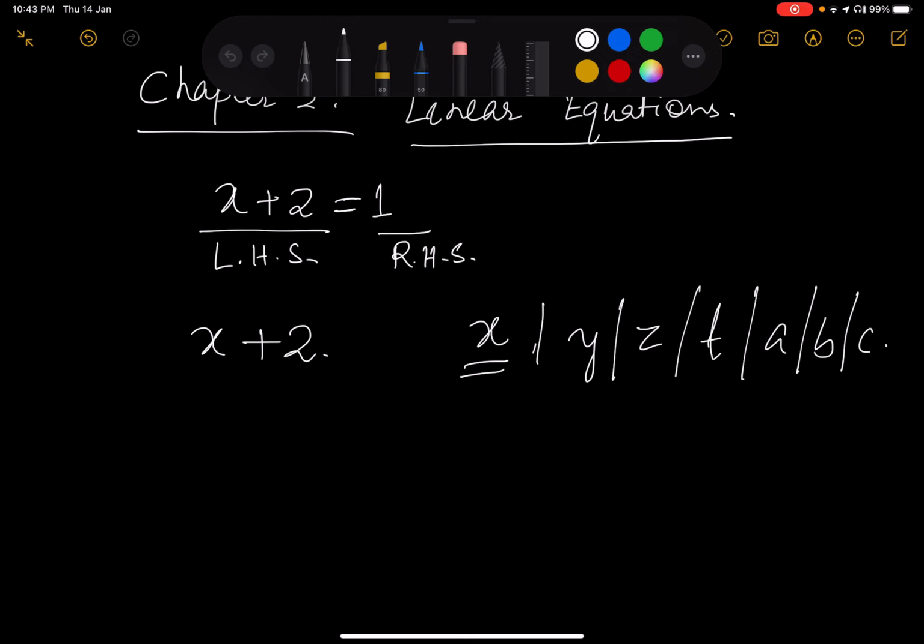So in x plus 2, x can be any number that you do not know, and you will have to determine that number.